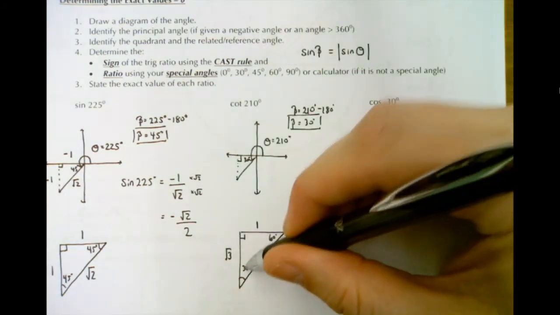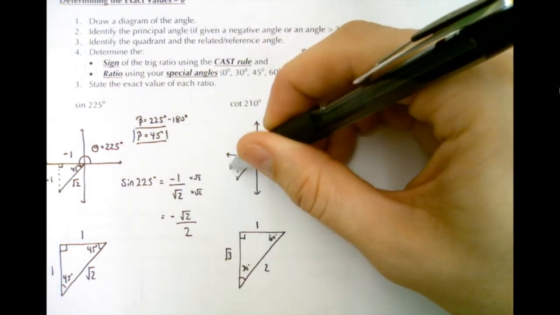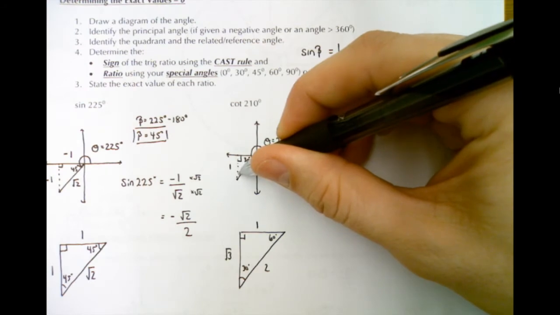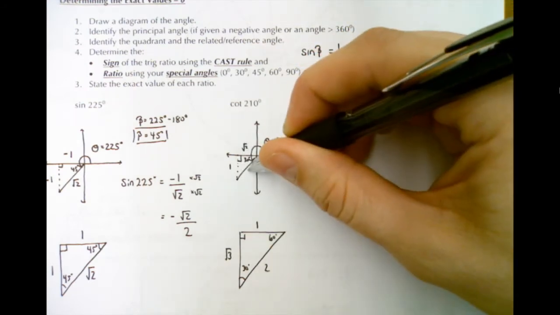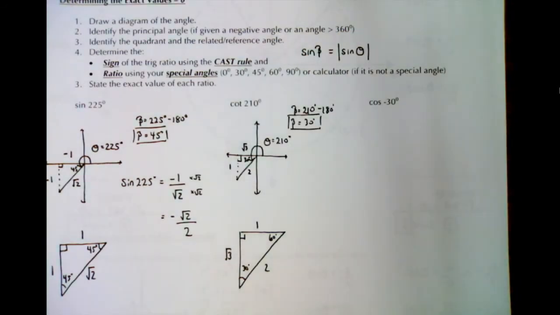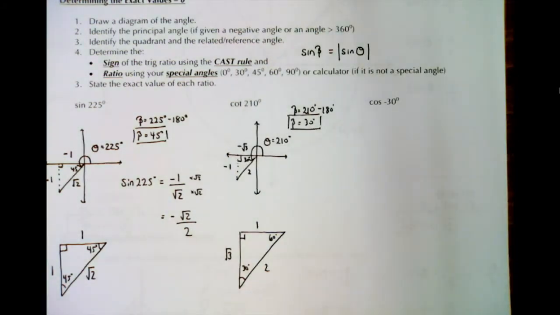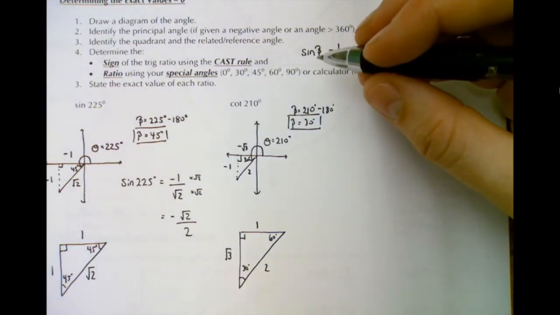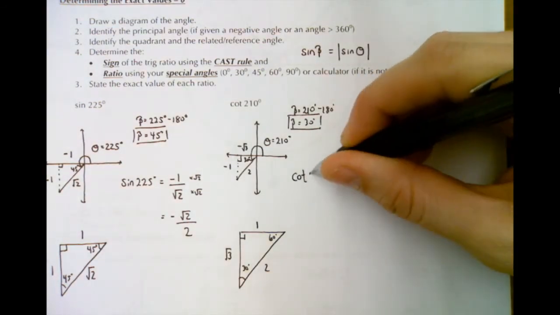The 1 should be the side across from the 30. So across from the 30 should be the 1. Across from the 60 should be the root 3. And across from the 90 should be the 2. And now we have to consider the signs. Negative and negative. X and Y are negative in this quadrant. So now that we have a perfectly labeled diagram, we can find cotan 210.